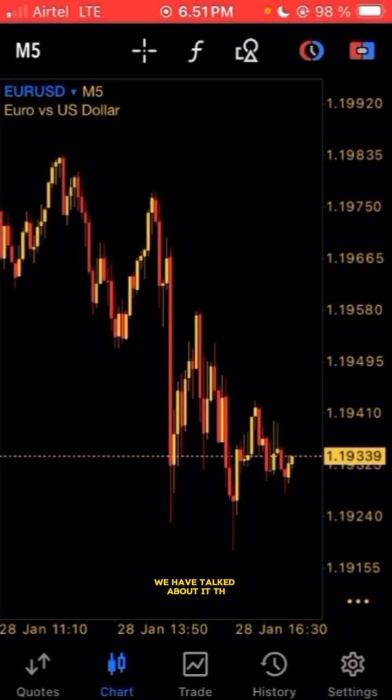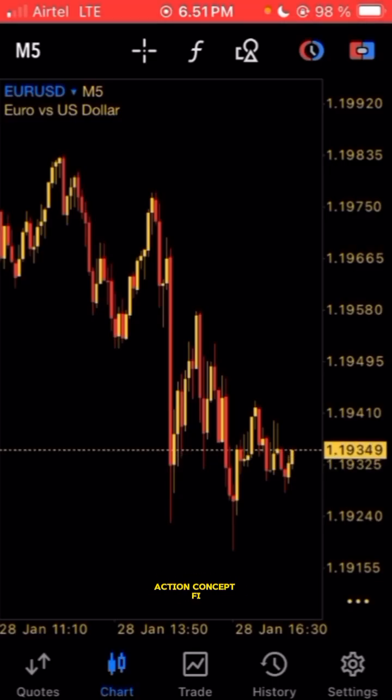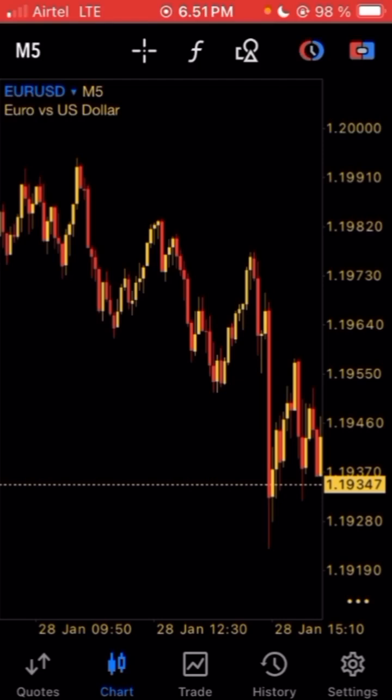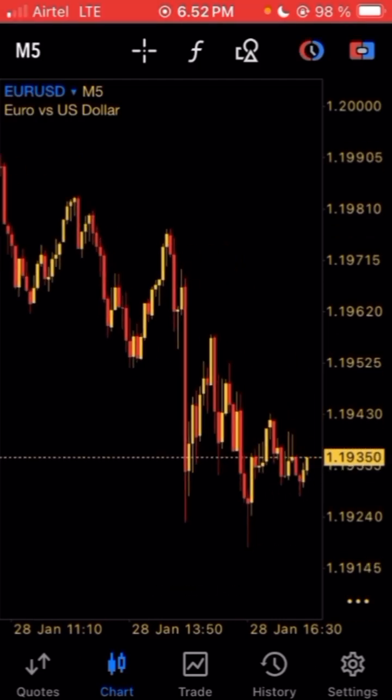We have talked about it. That's why I did the price action concept first. Now we are dealing with the advanced price action concept. The first thing is the line. We have the trend lines, we have the chart lines, different types of lines, right? The second is your chart pattern, which was the M, the W, the head and shoulders, and the entire chart patterns you can think of, and even beyond. Now the third is your candlestick pattern.